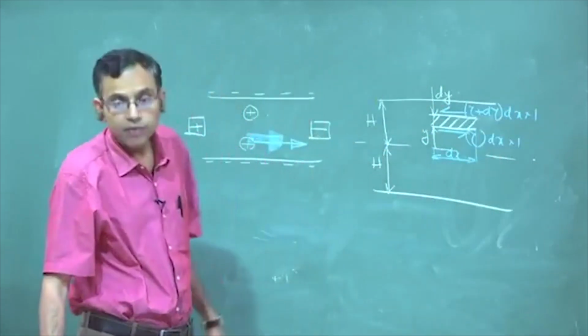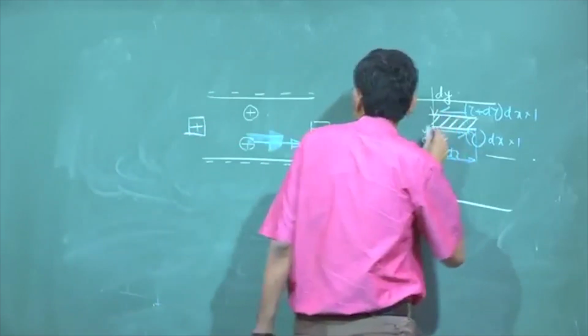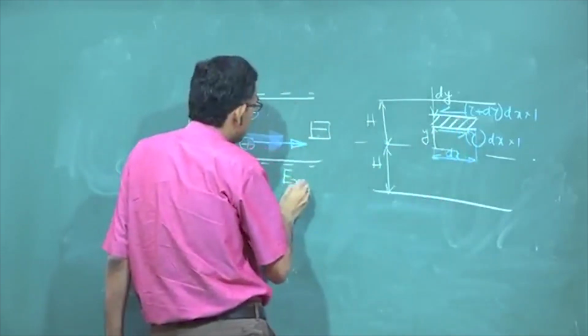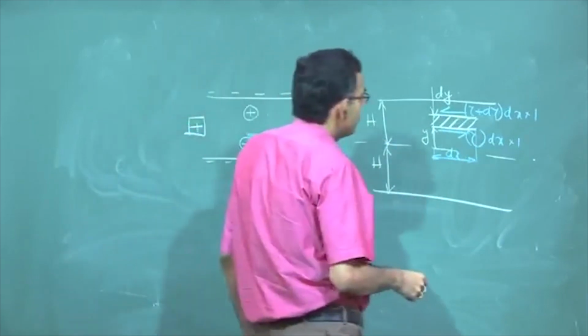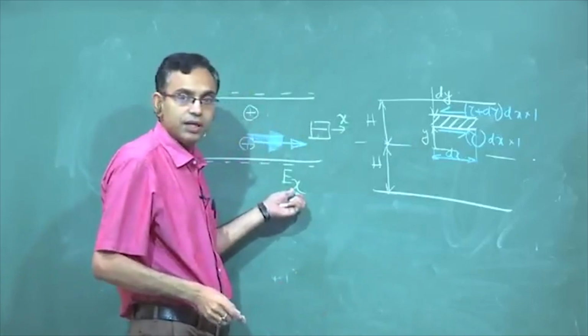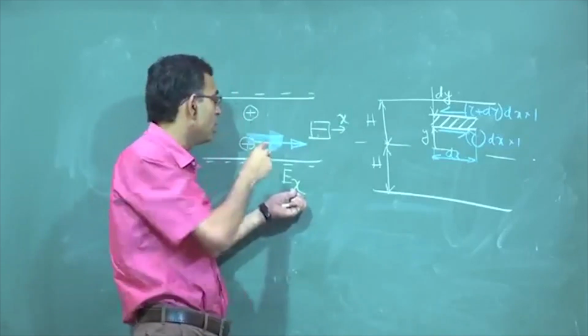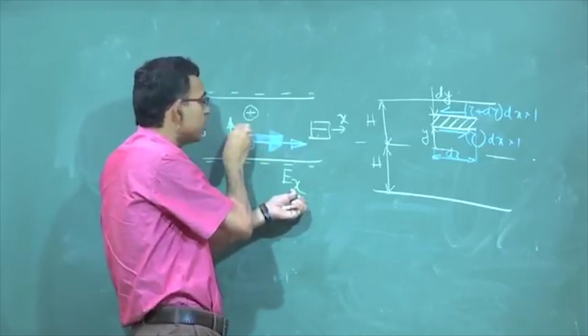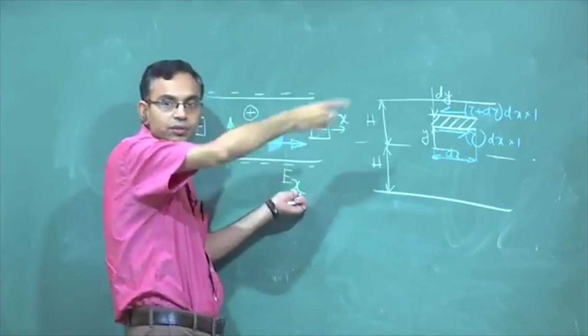There is also a body force. What is the body force which is pulling this? Let us say Ex is the electric field along the x direction. This is not the induced electric field, this is the applied electric field. So here there are two types of electric field, one is induced in this direction due to the electrical double layer, another is applied along the x direction to make the fluid flow.